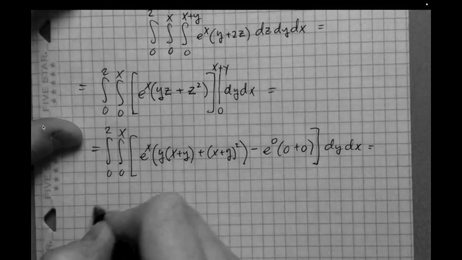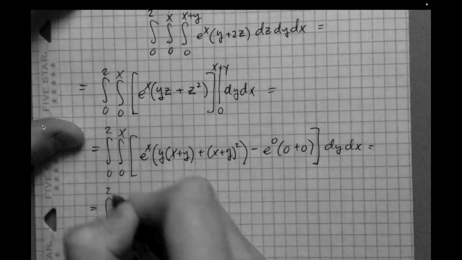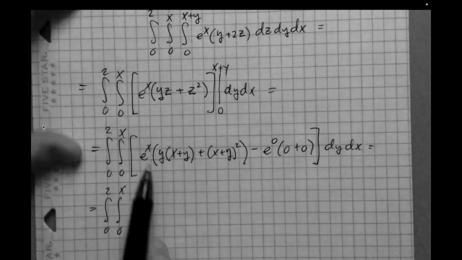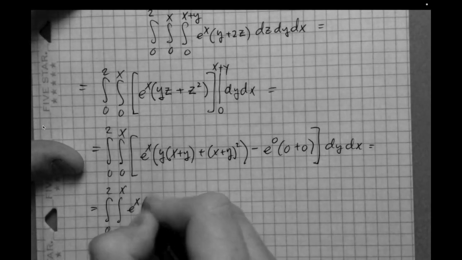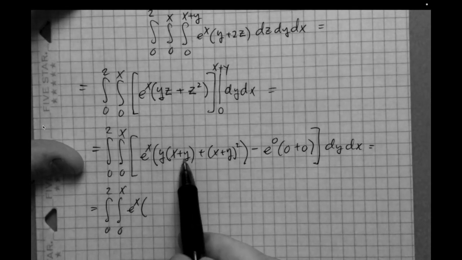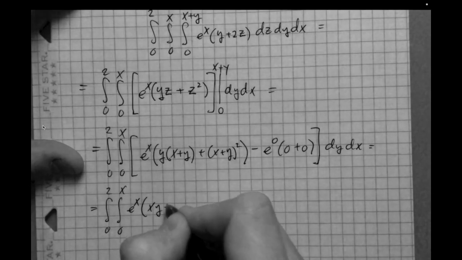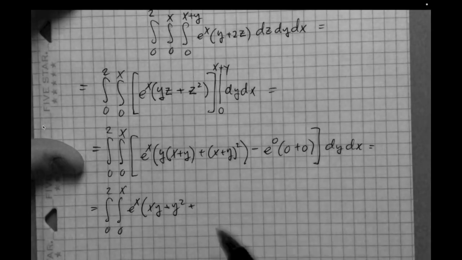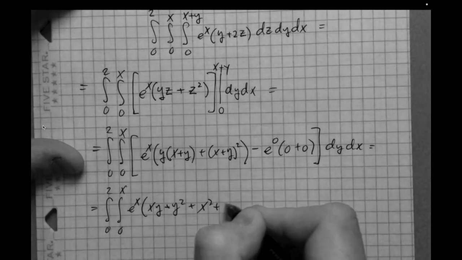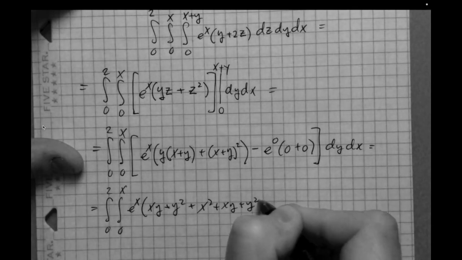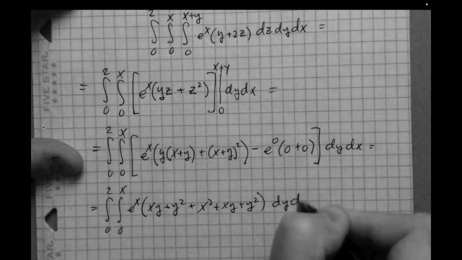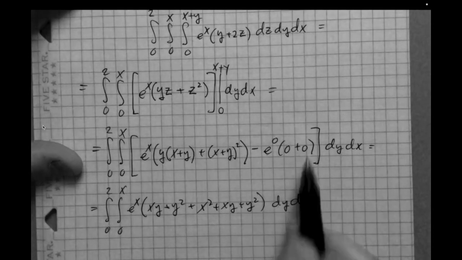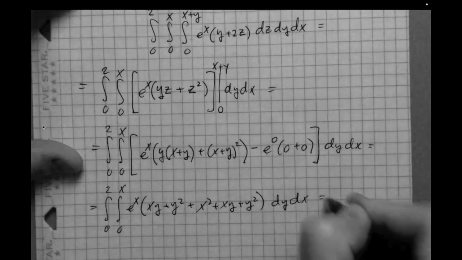We can simplify this a great deal before moving on. So we'll have e to the x, and then this is xy plus y squared. And then this guy here, if you expand this, you get x squared plus xy plus y squared. And then this is 1 times 0.